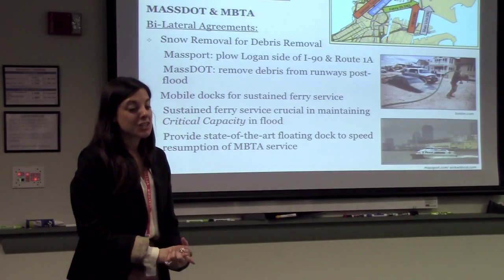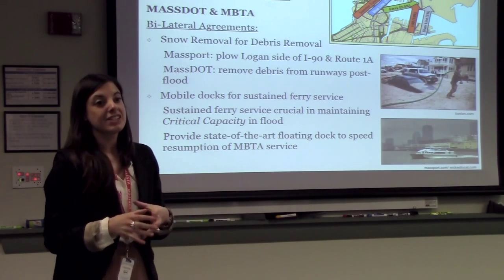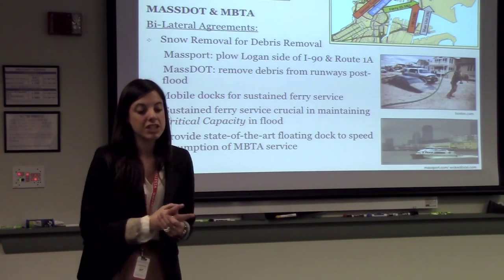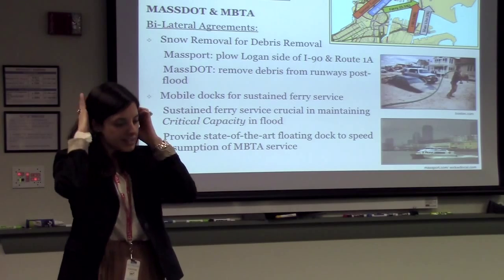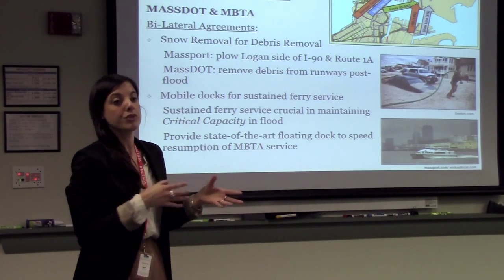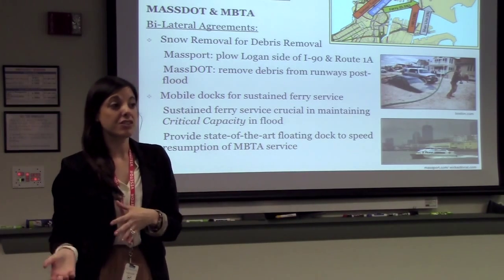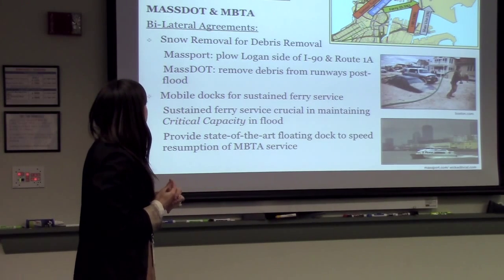Then we have the transportation system. Logan really relies on the transportation infrastructure of Massachusetts DOT and the MBTA. The transportation sector is going to talk in depth about this, but the main idea is that we need people to get to Logan and from the airport to their homes, not only the passengers, but also all the employees that Logan currently has.